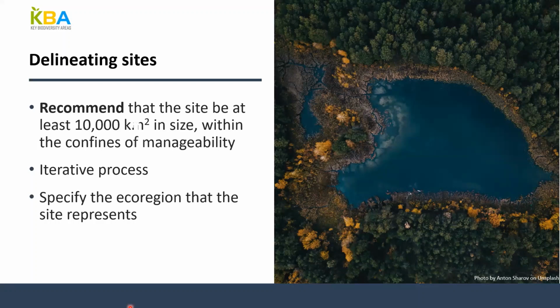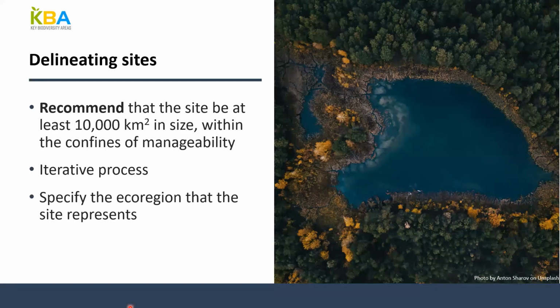In the case of isolated islands, this wouldn't even be necessary. So the key thing here is that the size of the proposed site needs to be sufficient to sustain natural movement patterns of the native species and accommodate natural ecological processes of the ecoregion.